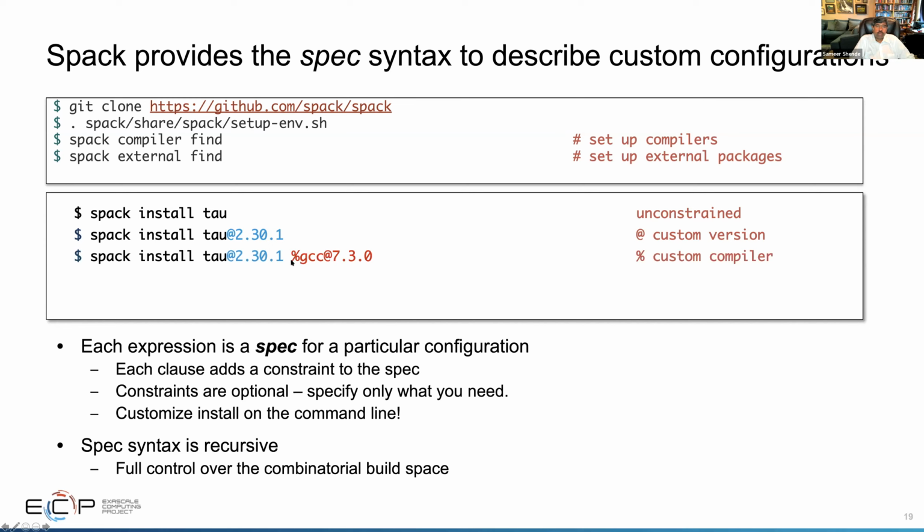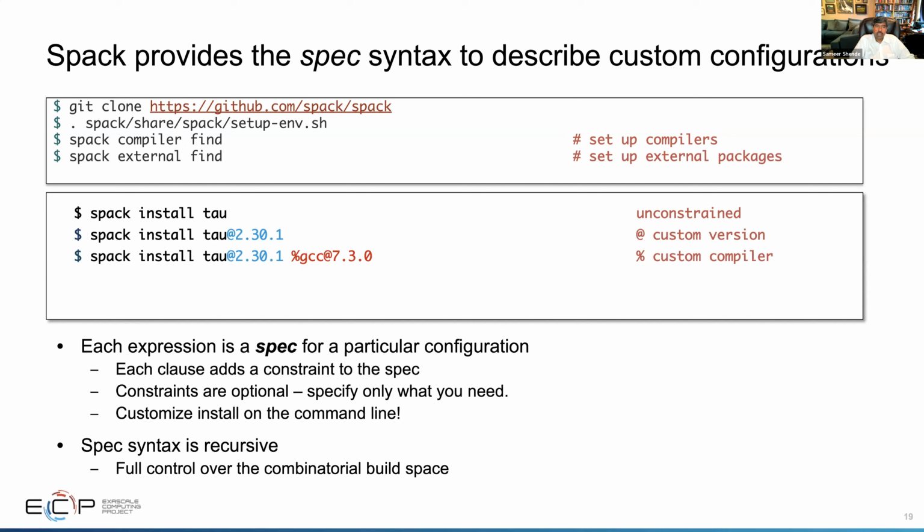And then you can also specify the compiler using the percent symbol. So when you say percent, it looks for the name of the compiler that it has found in this spack compiler find command. And then you can say gcc@7.3.0. And then it will use GCC 7.3.0 to install this TAU version 2.30.1.